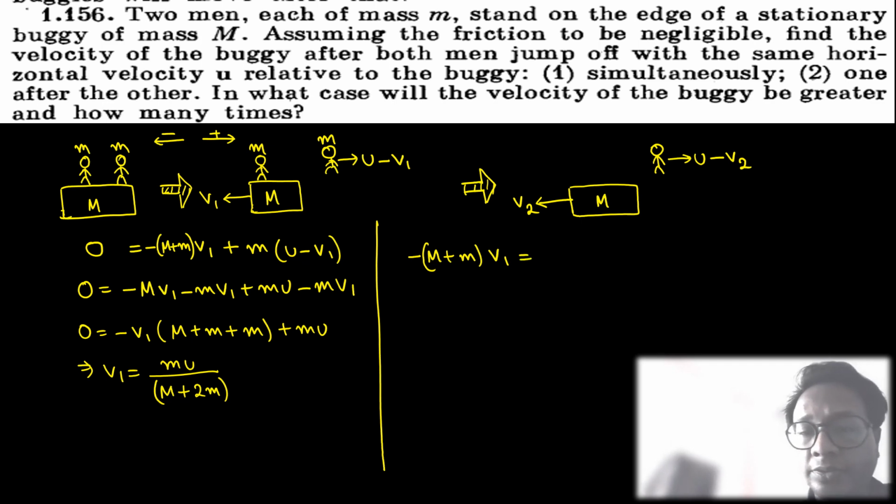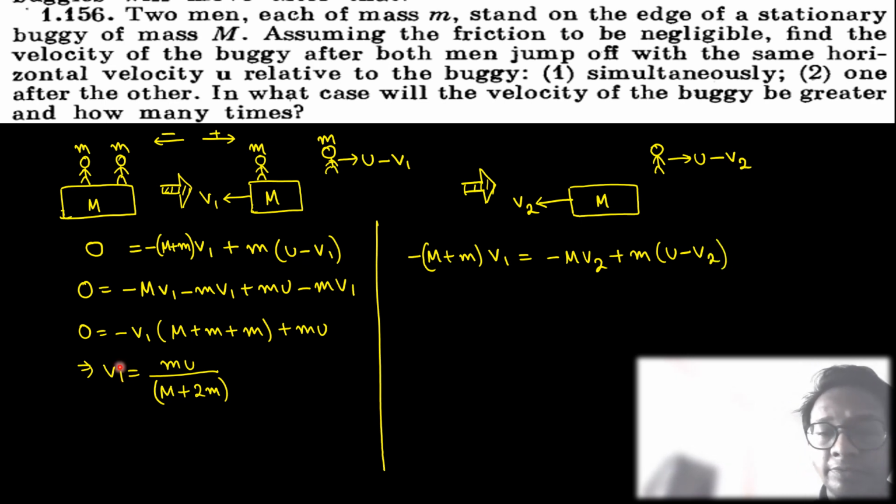It is equal to minus Mv2 plus m(u minus v2). Now I must substitute this v1 out here. So it would be nothing but minus (M plus m) into mu by (M plus 2m).